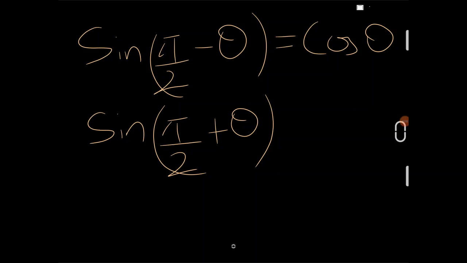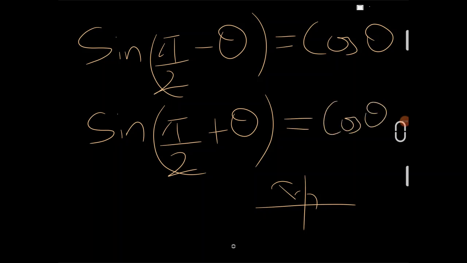It is in the second quadrant, 90 plus theta. In the second quadrant sine is positive, so it will be cos theta. When you add 90 it becomes cos, and the sign will be positive because sine in the second quadrant is positive.